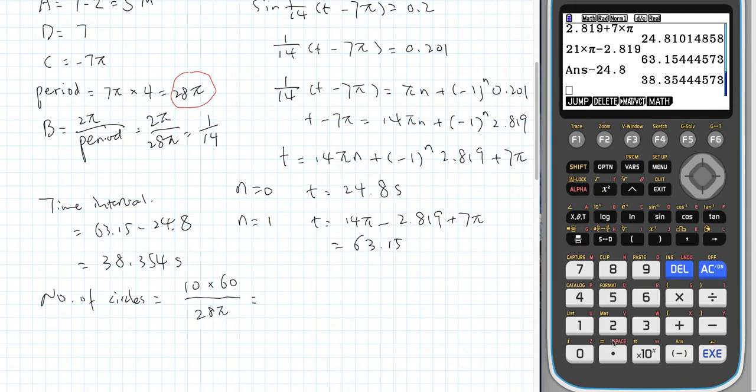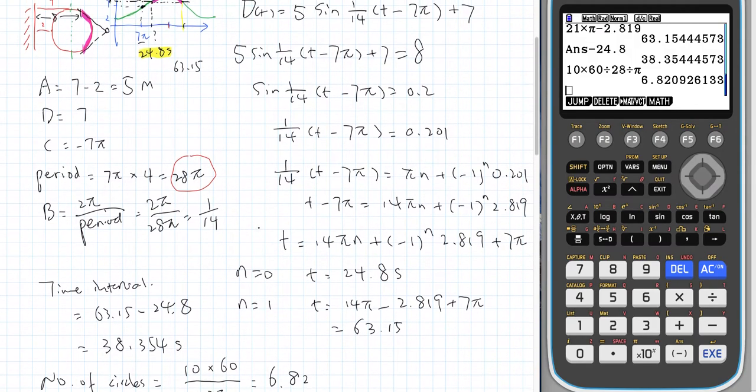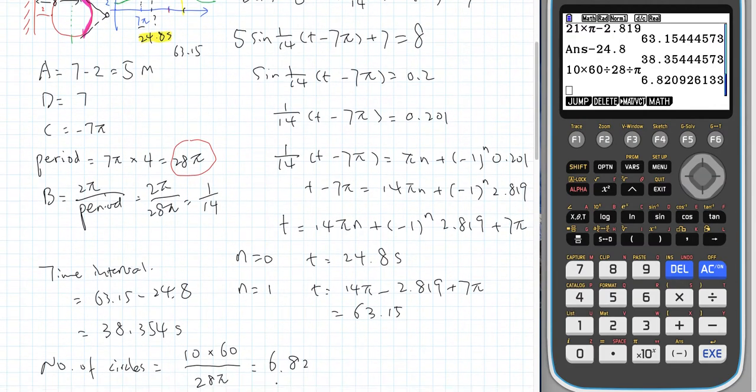That's the total time for one ride divided by 28 and divided by pi, which equals 6.82. So Hiro will sit on this carousel and spin around 6 times, and an extra 0.82 of a circle.